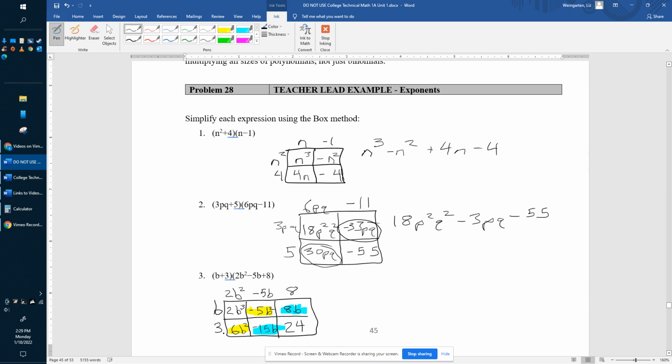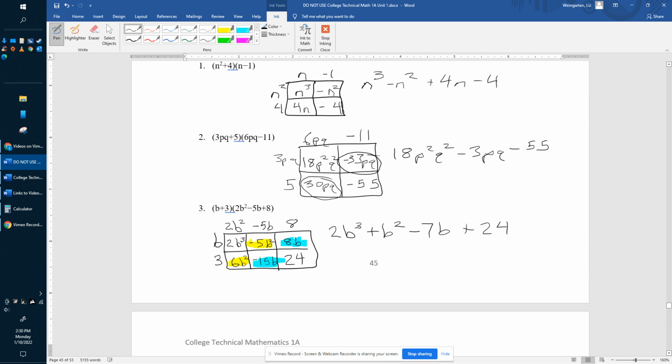Negative 5b squared plus 6b squared is going to be b squared. Negative 15b and 8b is going to be negative 7b. So let's go ahead and write this out, starting with the highest power: 2b cubed plus b squared minus 7b plus 24.